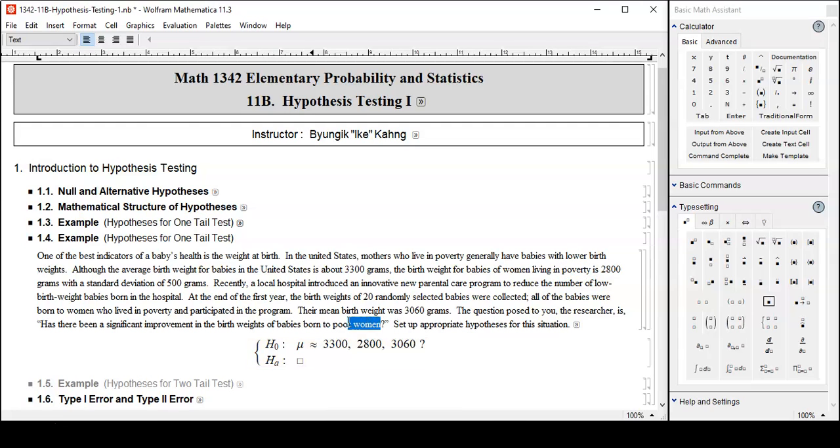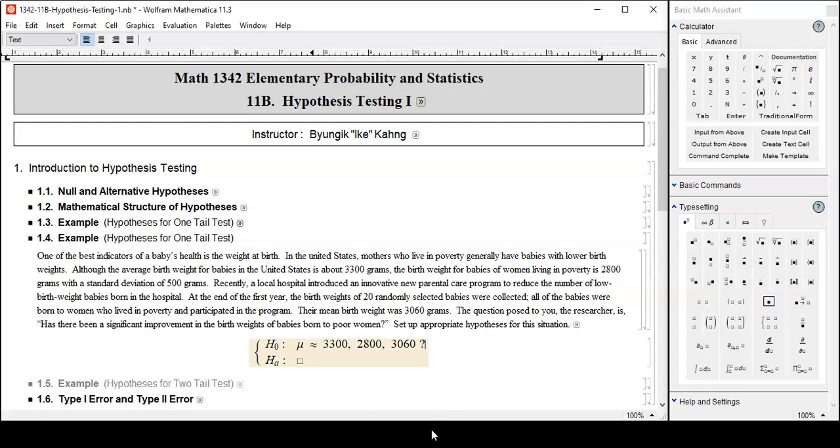So we are talking about babies born to poor women, and all these things are about babies coming from women living in poverty. And finally, 3,060 grams, that's coming from the sample. Null means null. Null means none, no. So it should come out of nowhere, not from the sample.